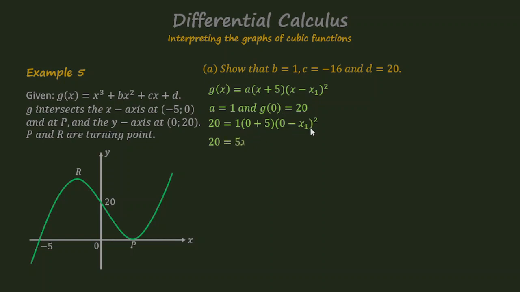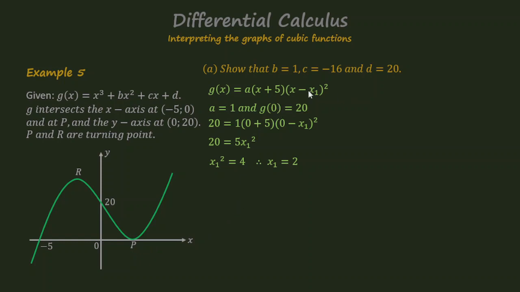I'll be left with this, which can be simplified to give x1 squared equals 4. Therefore, x will be plus or minus 2, but in this case, x cannot be minus 2. Remember, this is the positive x-axis. Therefore, I will take only x equals 2. So at P, I have x equals 2 and y equals 0.